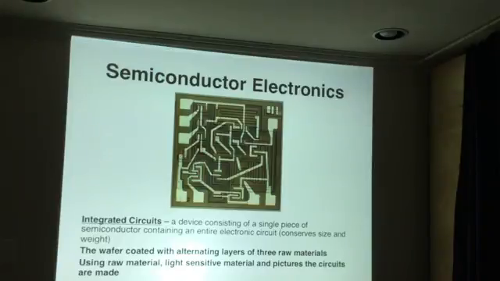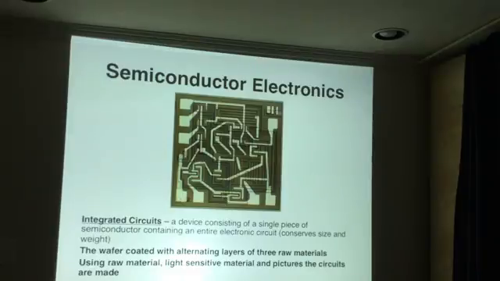And then a lot of the advancements from that point were due to being able to make smaller and smaller circuits, first using semiconductors, and then ultimately using integrated circuits.